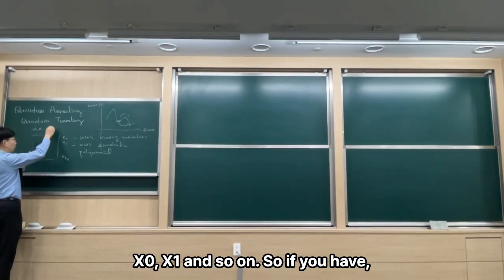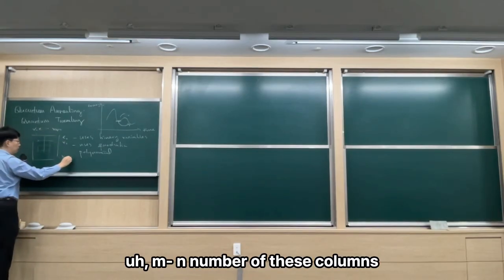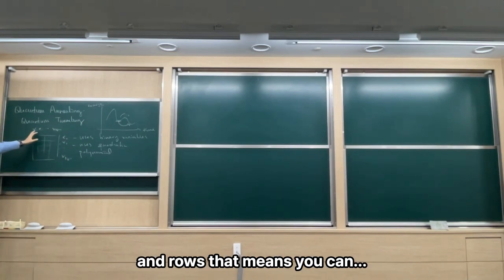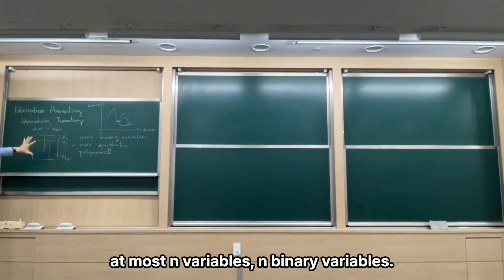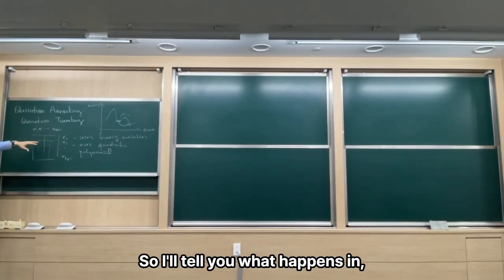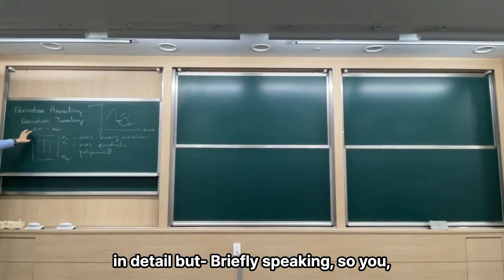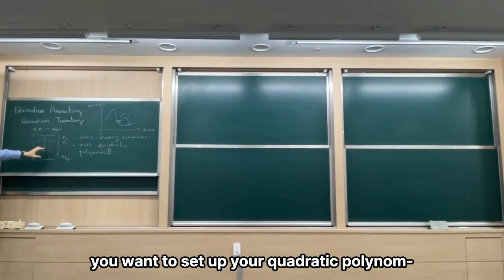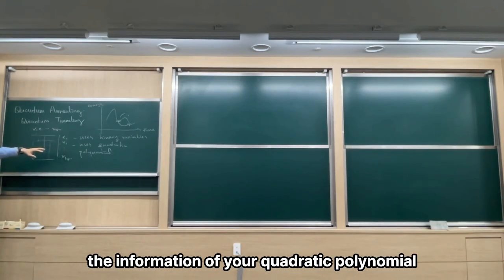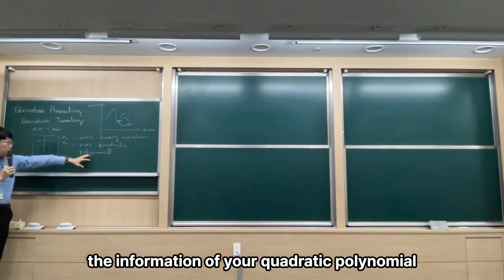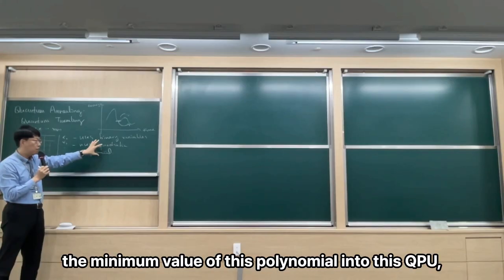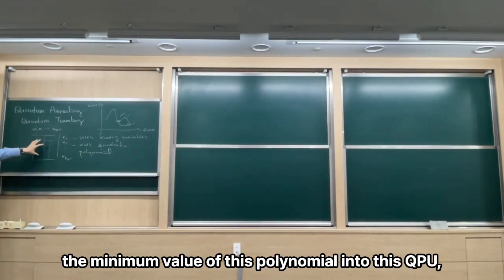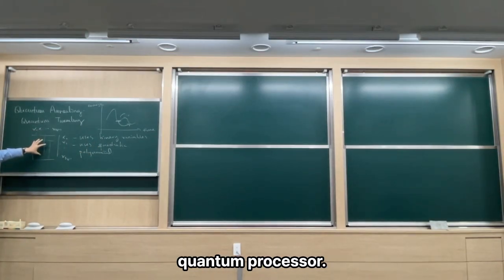So if you have n of these columns and rows, that means this annealer can handle at most n binary variables. I'll tell you what happens in detail, but briefly, you want to set up your quadratic polynomial. You want to transfer the information of the quadratic polynomial whose minimum value you want to find into this QPU, quantum processor.